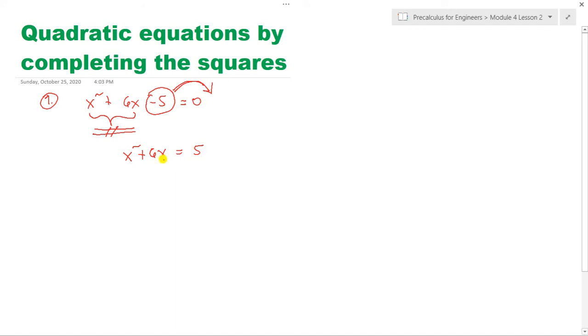After isolating, we now have here an incomplete quadratic expression because it has no constant here. So what we need to do is complete this lacking quadratic expression. To do that, class, remember for a perfect square trinomial the binomial expansion. Let's say we have (x plus a) squared.